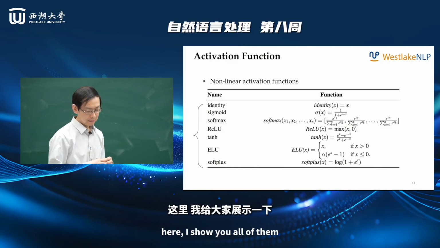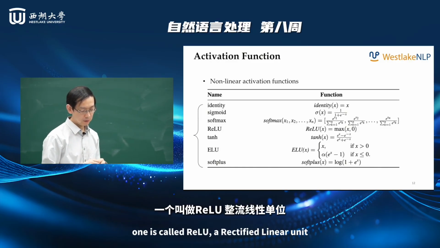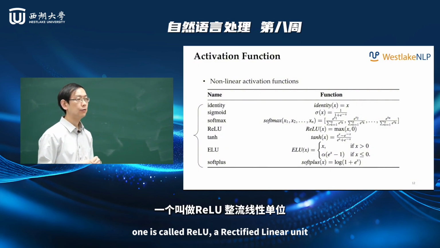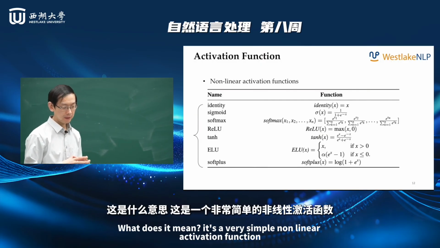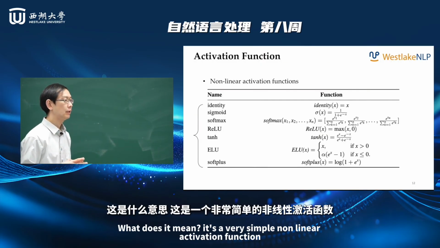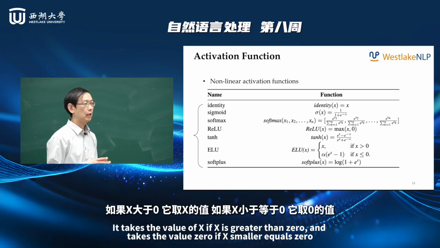One is called ReLU, rectified linear unit. What does it mean? It's a very simple nonlinear activation function. It takes the value of x if x is greater than 0, and takes the value 0 if x is smaller or equal to 0.